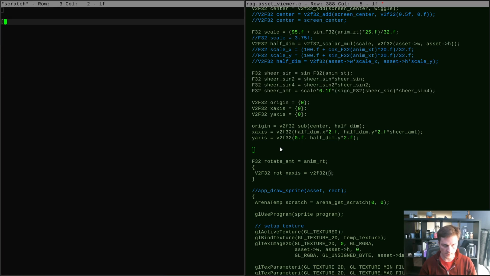The rotation matrix is, if my x-axis is one, zero... I think it's this, if I remember correctly.